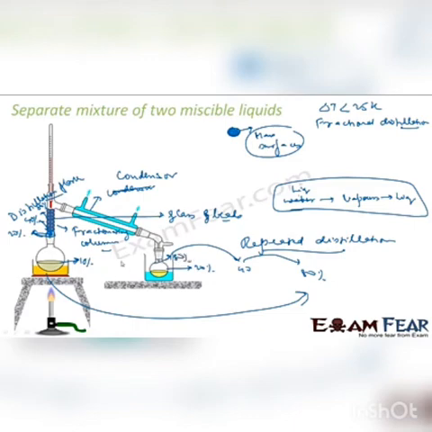Understand? If you want to make it 100% pure, in the first round you get 20%. The same process you do once again, you get 40%, then 80%. Here you already have 20% pure, so instead of collecting it here and doing it again, you put a bead here. Whatever liquid you collect gets collected here, and since it is already hot, the same process continues.